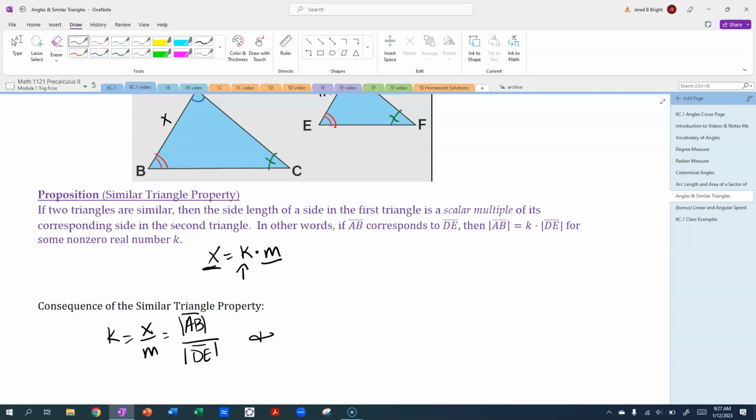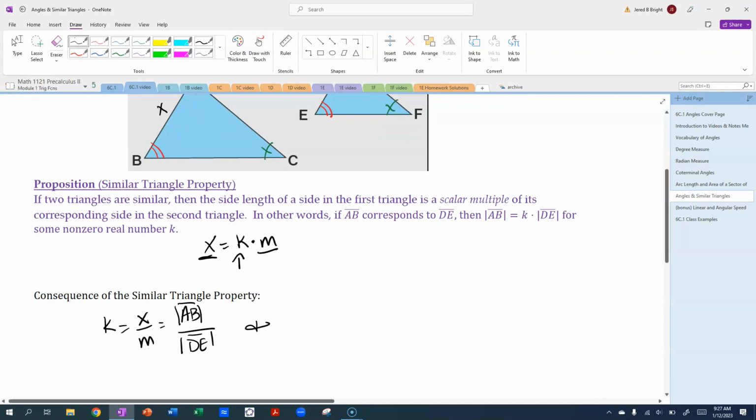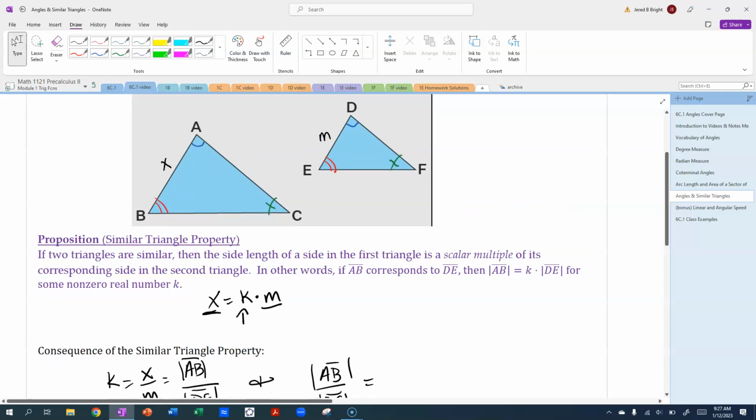If we have similar triangles, we have side ratios being the same. So we could do something like AB over DE. Notation is annoying. Since those two sides are in correspondence, we could do something like Y over N as well.